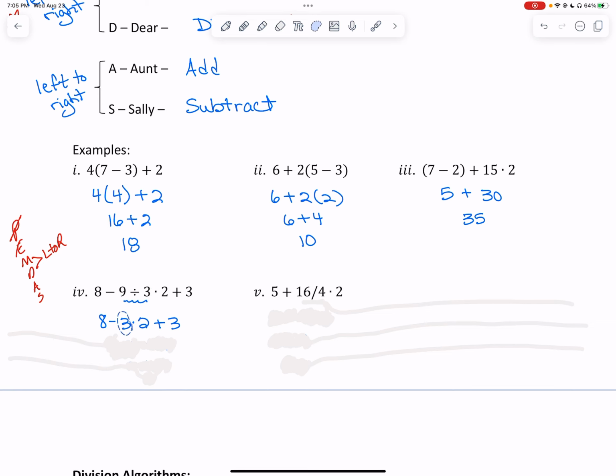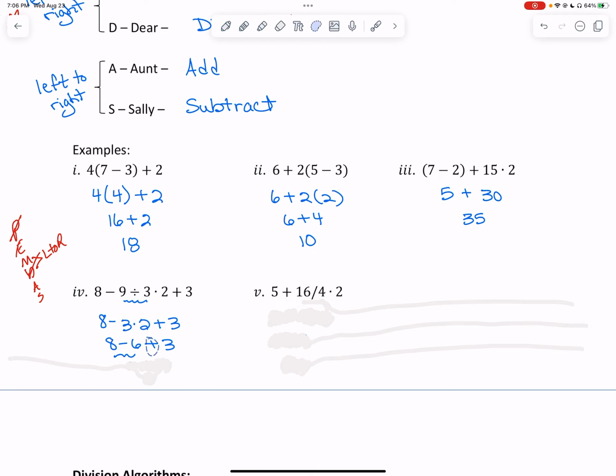All right, so now our choices are subtraction, addition, or multiplication. So multiplication comes next. So that's how we got our 6 right there, right? We multiplied. All right, so now we have done multiplication and division left to right. All that's left is subtraction and addition.